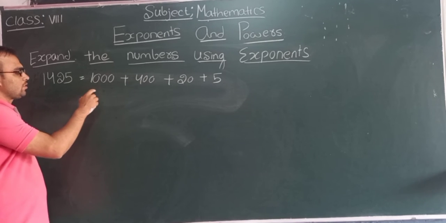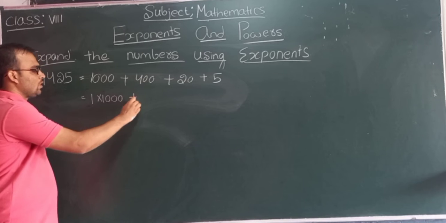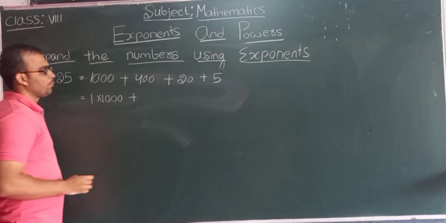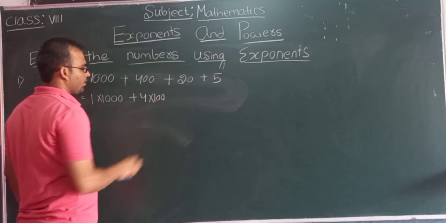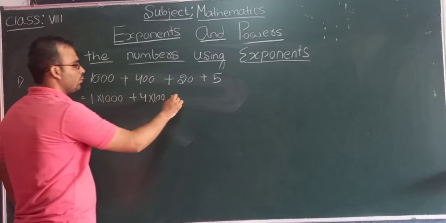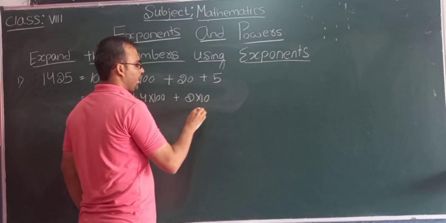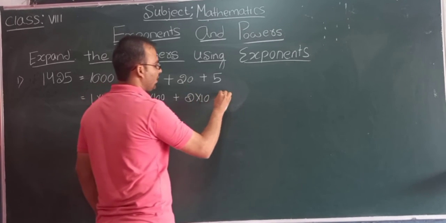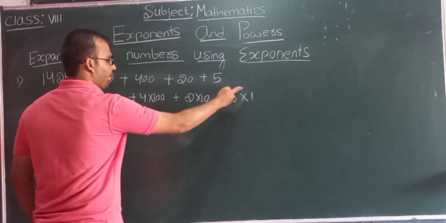Now students, this 1000 can we write like this, 1 into 1000, same, no, 1000 only. 400 can we write like this, 4 into 100, we are getting 400 only. This 20, 2 into 10, same, we are getting 20 only. 5 into 1, we are getting 5 only.